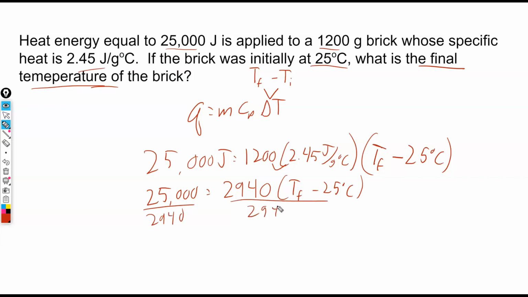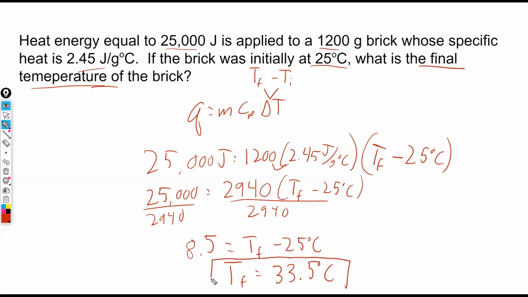It's a little bit easier. From the last problem, you know that the temperature change here is 8.5, which equals T final minus T initial. Now you just have to add 25 over. T final is 33.5 degrees Celsius.